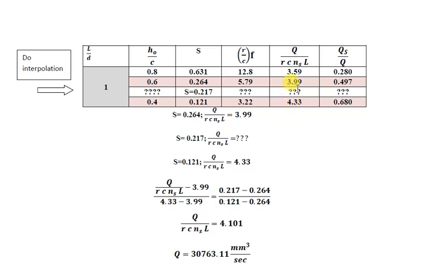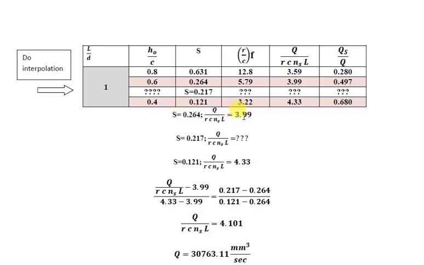Again, we have to find the intermediate value, which we are generating right now by linear interpolation. So again, for corresponding S is equal to 0.217, the Q upon RCNSL is a question mark.